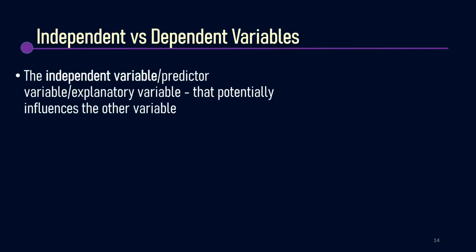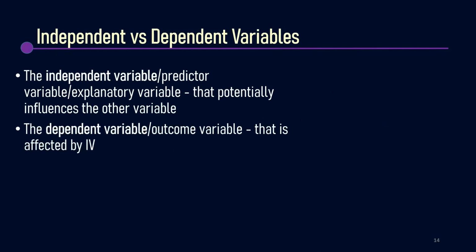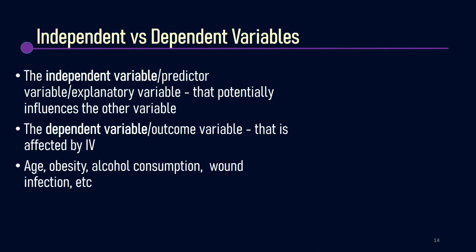The independent variable, also known as predictor variable or explanatory variable, is the variable that potentially influences the other variable. Whereas the dependent variable, also known as outcome variable, is the one that is affected by or influenced by the independent variable.